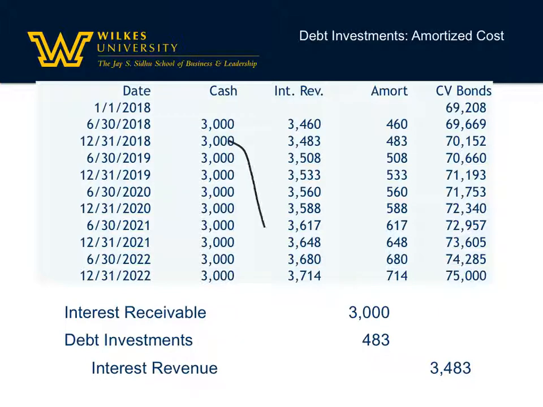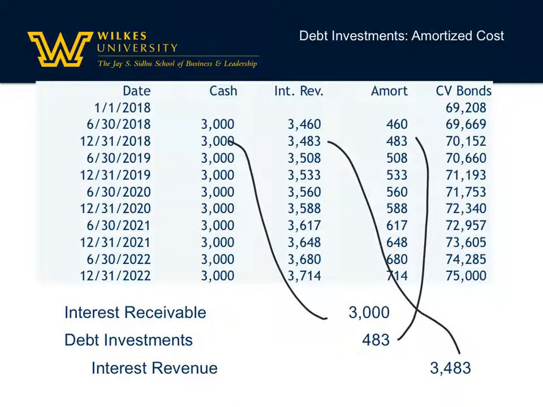The $3,000 in cash is received, the revenue of $34.83, and the amortization of $483. If you're using the amortized cost method, you're going to keep making these entries all the way through the life of the investment until you end up with a carrying value of $75,000.